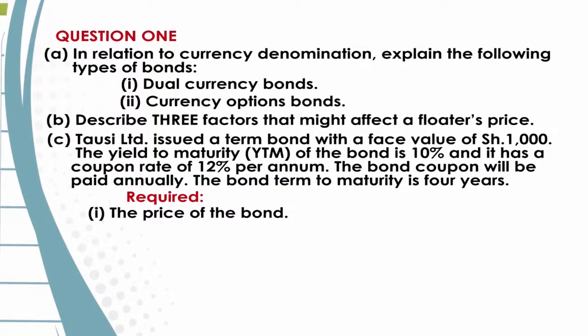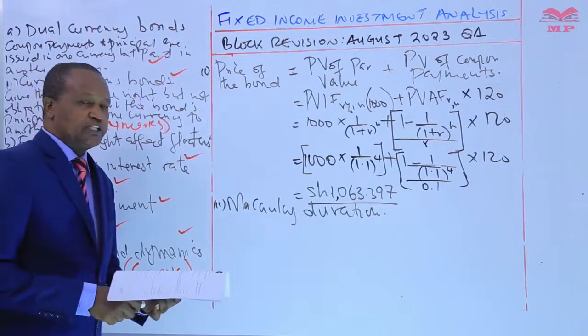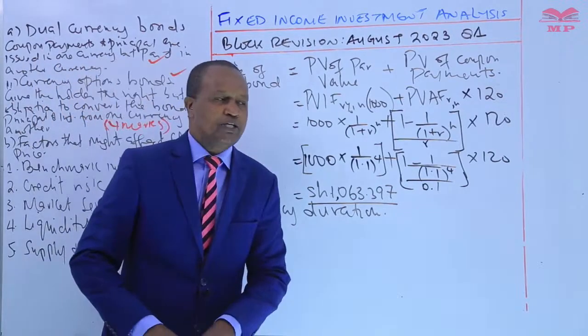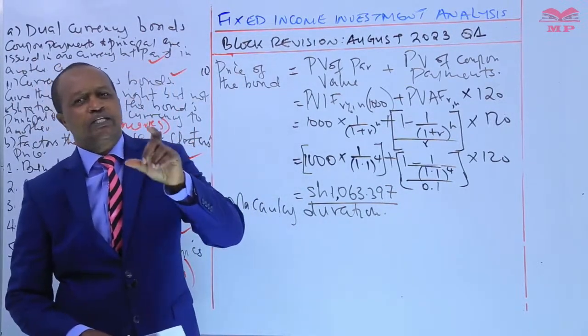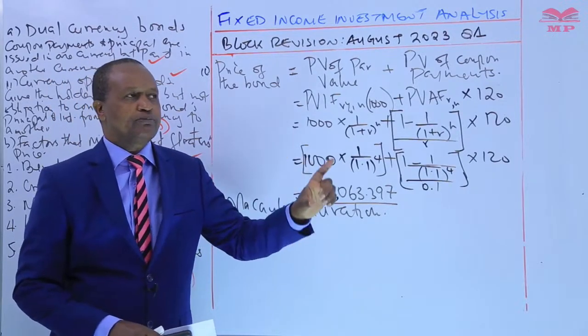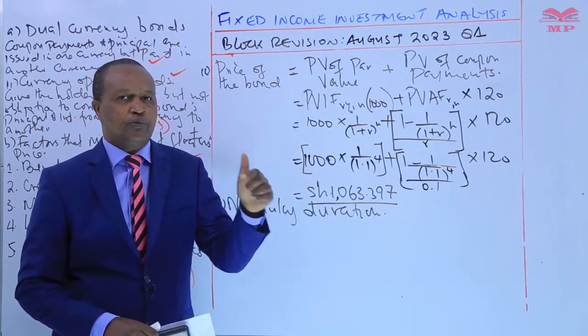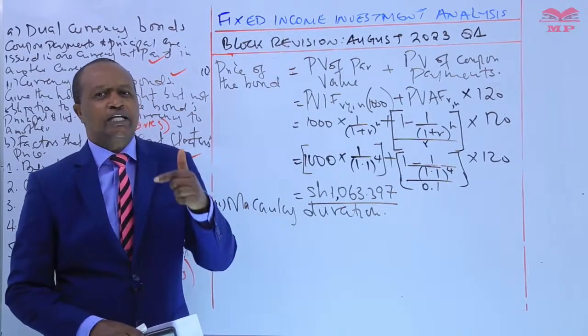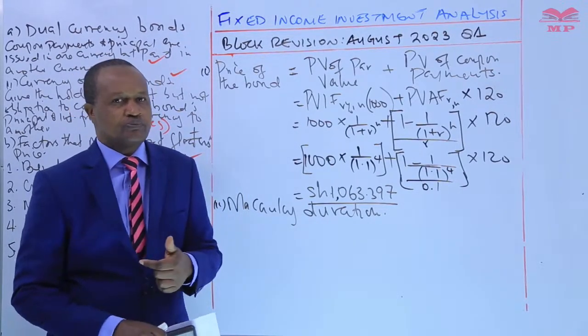You have to calculate the Macaulay duration. Now, candidates, Macaulay duration is a concept used in fixed income investing to measure the average time it takes to receive all the cash flows, both the principal and the coupon payments from a bond, weighted by their present value.